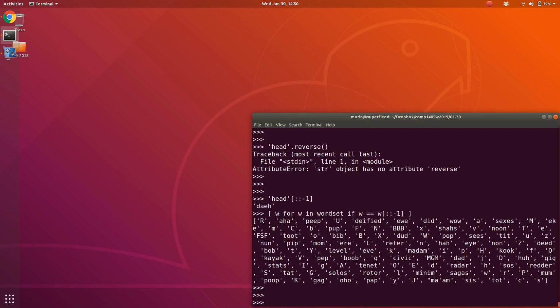So how would I get the antonyms? So this is palindromes. The word is equal to itself reversed. If I want antonyms, yes? So if W reversed is in the word set.